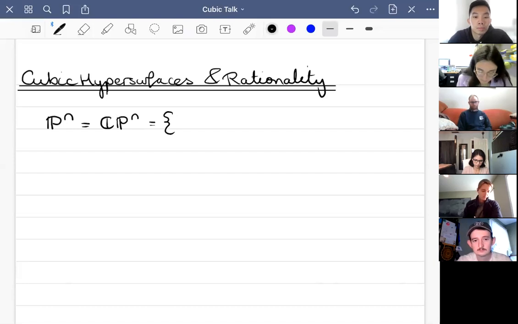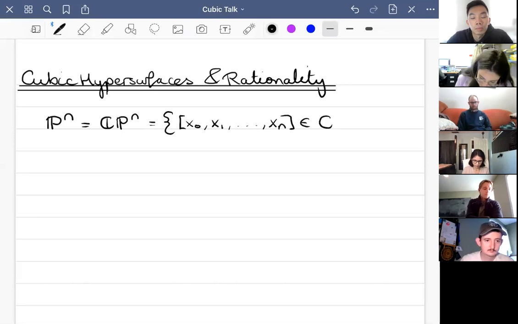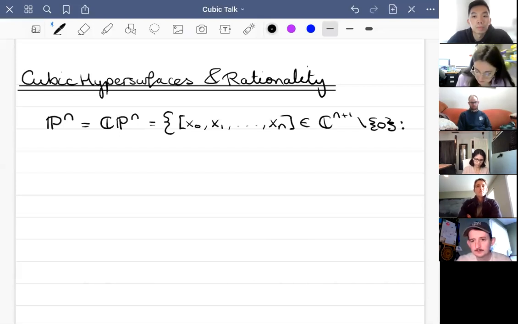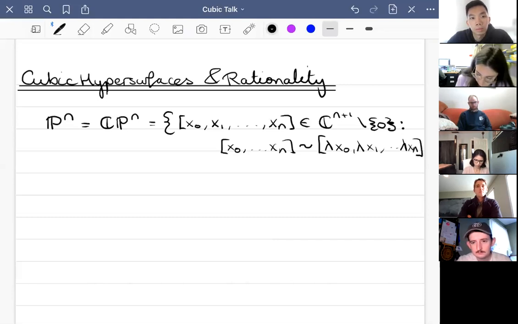If you remember, this is just n plus 1 tuples, x0, x1, up to xn, in C^(n+1) without the origin, and then we add this additional relation. We say x0 up to xn is equivalent to lambda x0, lambda x1, all the way up to lambda xn, where lambda is in C star.